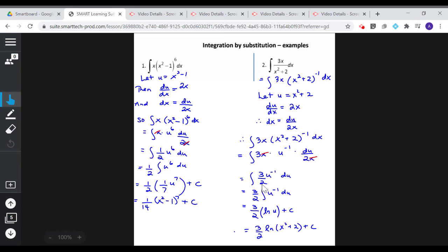Now, I can pull out any constant factors like 3/2. I can take the integral of u to the negative 1. Remember that is not the power rule. That's ln of u. And I can add that plus c. Last thing I'm going to do is remember to replace the u back with the x squared plus 2 because my original question had to deal with x's, not u's.